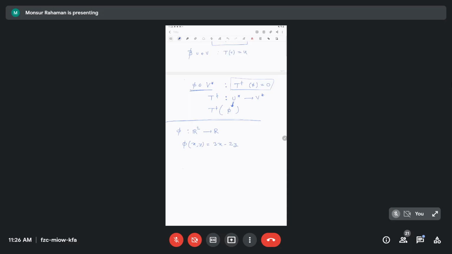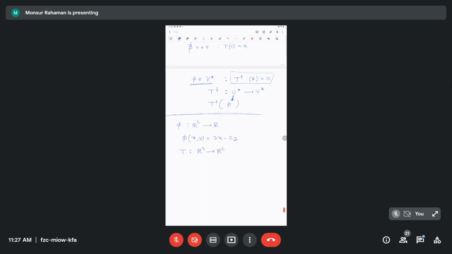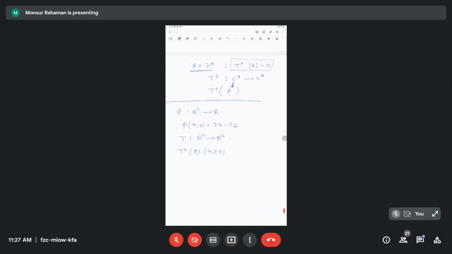For each of the following linear mappings T from R3 to R2, you have to find T transpose of phi of (x, y, z). This is what we have to find.